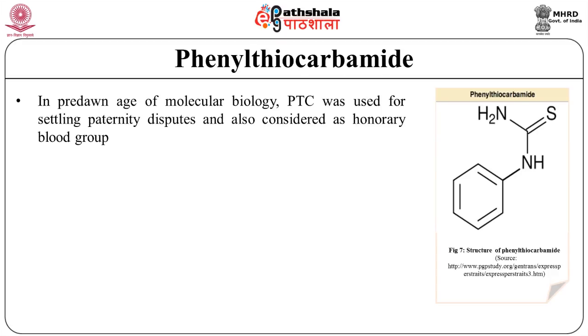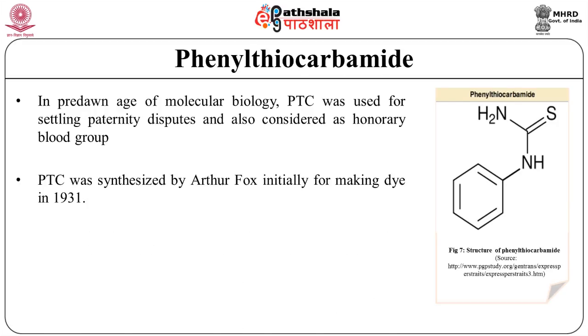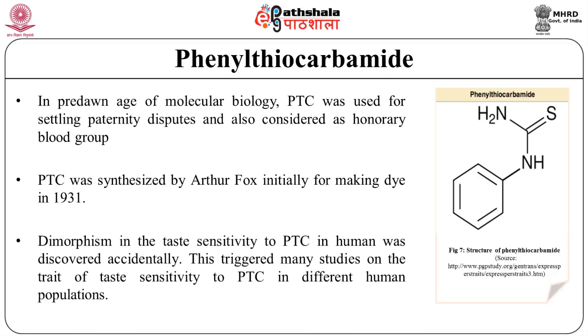In the pre-dawn age of molecular biology, PTC was used for settling paternity disputes and was also considered an honorary blood group. PTC was synthesized by Arthur Fox initially for making a dye in 1931. Dimorphism in the taste sensitivity to PTC in humans was discovered accidentally. Fox was pouring the chemical into a bottle to store it.